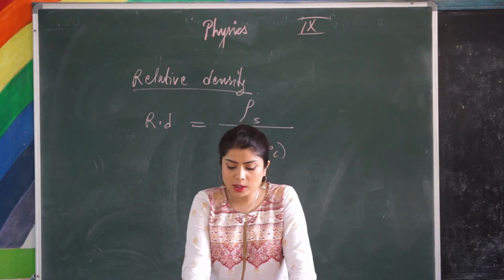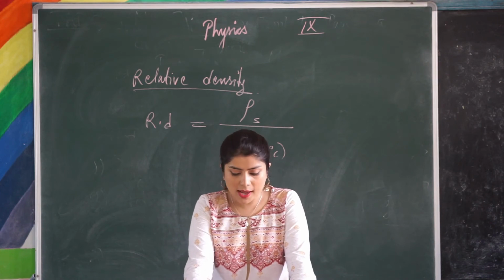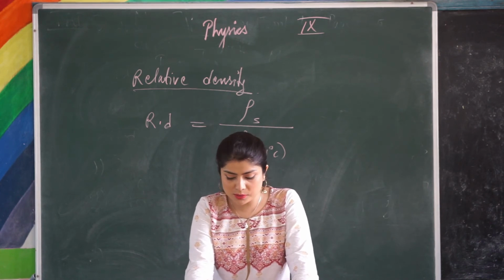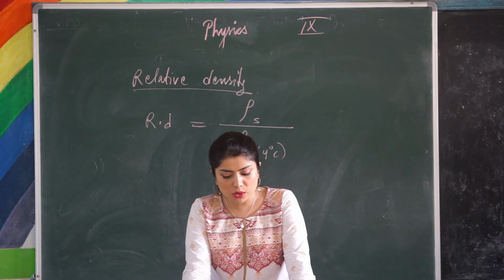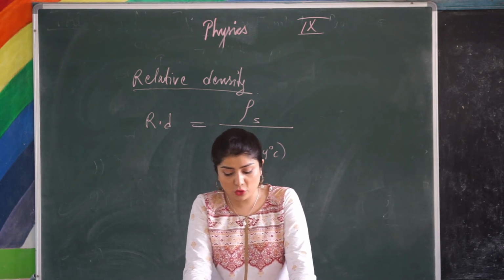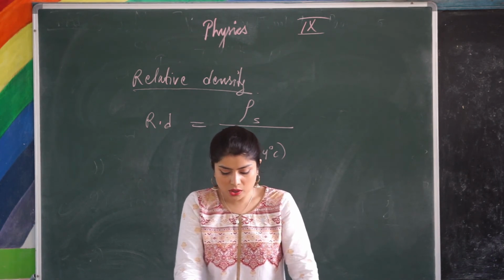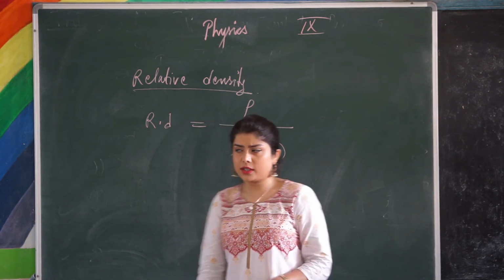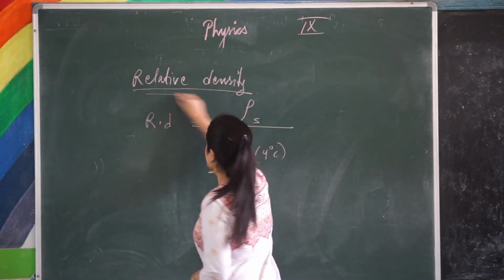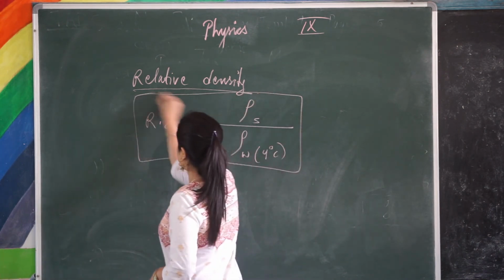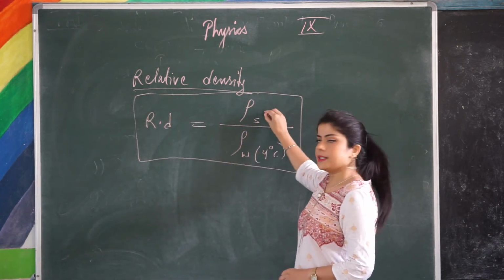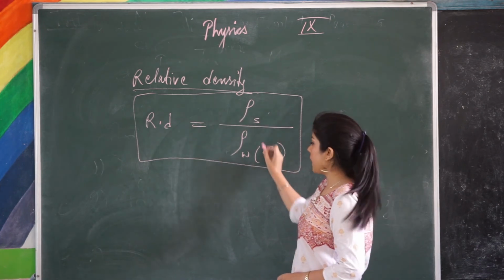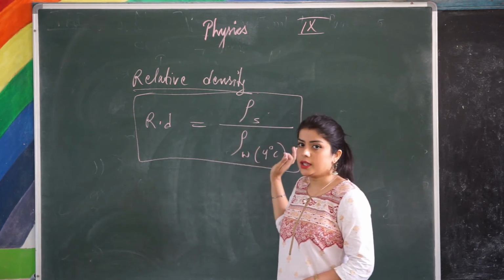Relative density of a substance is also defined as the ratio of the mass of a substance to the mass of an equal volume of water at 4 degrees Celsius. So, you don't have to go into detail for relative density, just remember this particular formula. It is density of material divided by density of water at 4 degrees Celsius.